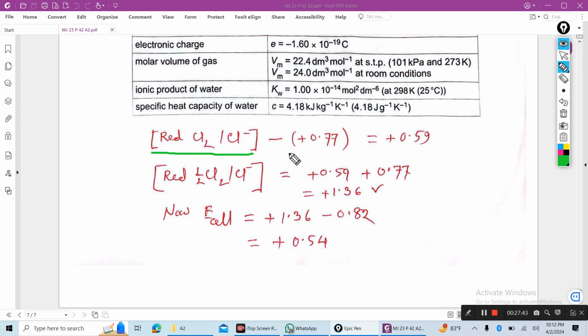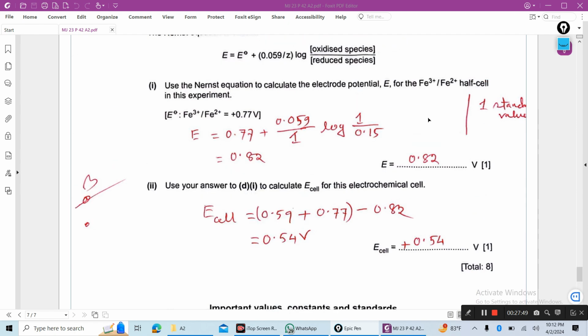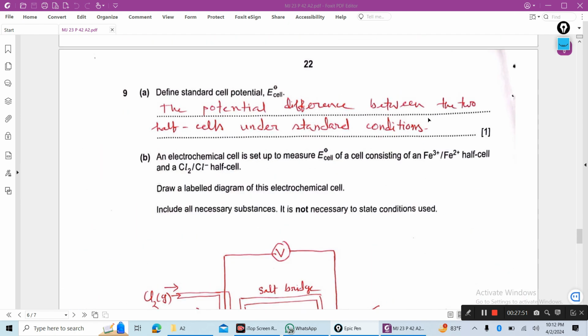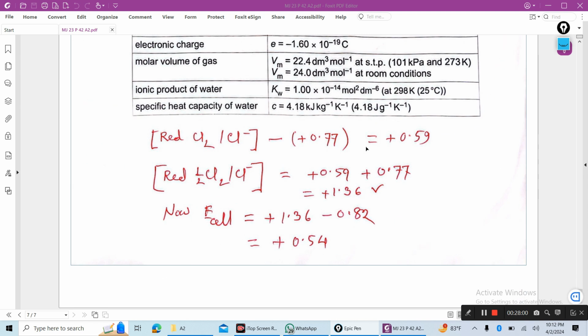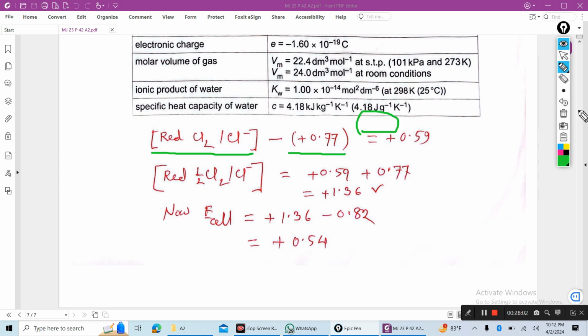Reduction minus oxidation equals the given plus 0.59. This is given in the previous question. Here 0.59. Then the reduction chlorine half cell equals this plus this, you get plus 1.36 volt.